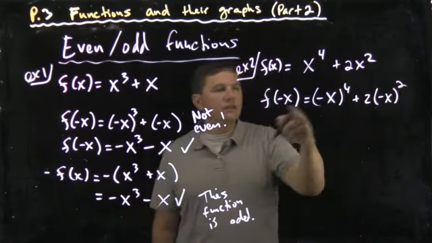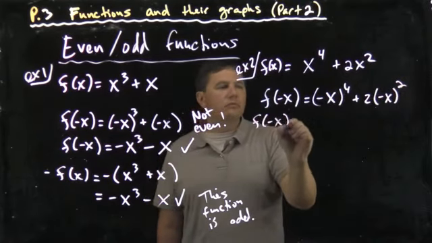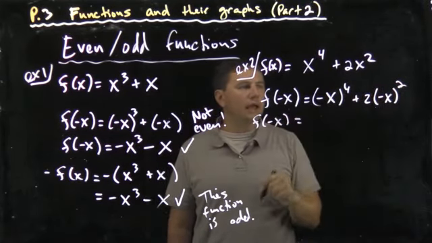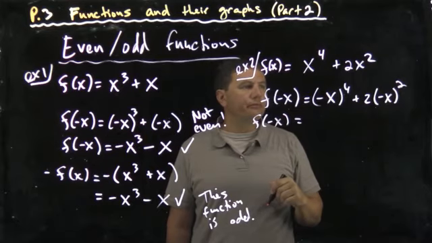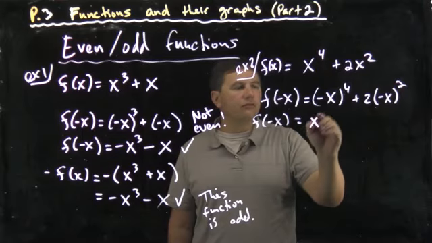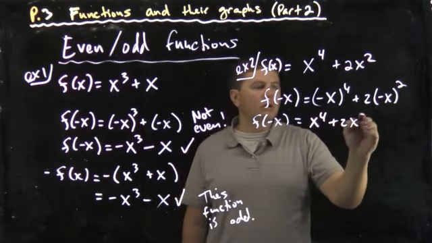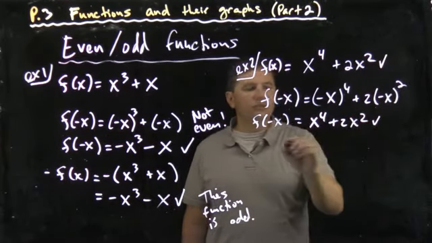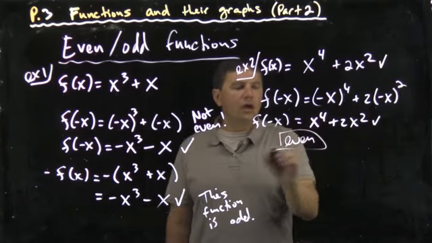And quickly we see that these are going to be the same because we're raising both of these to an even power. So this would be x to the fourth plus 2x squared. It is the same as this, so this is an even function.